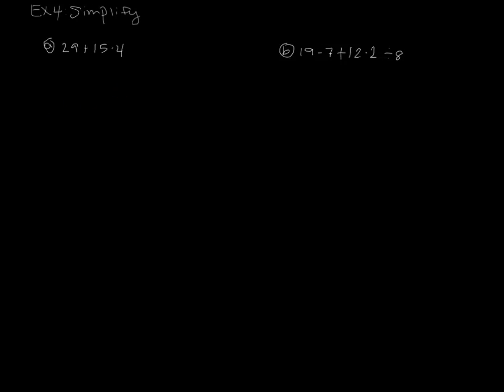All right, so let's start with A. I'm going to begin with multiplication as per the order of operations. So 15 times 4 is 60. Sorry, we got a little crooked there. Now that we've got 29 plus 60, which is going to give us 89.